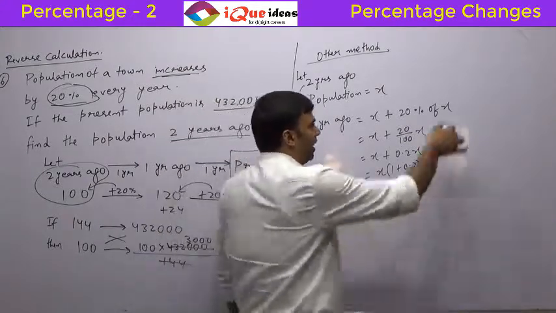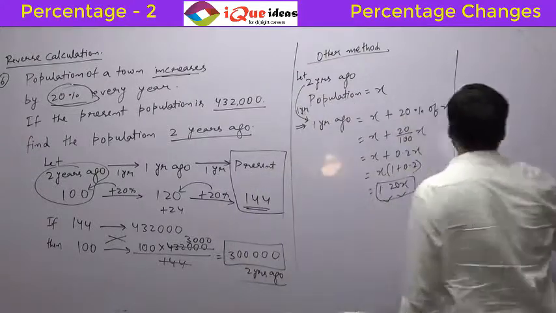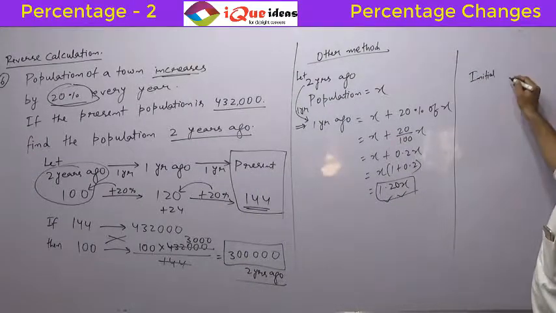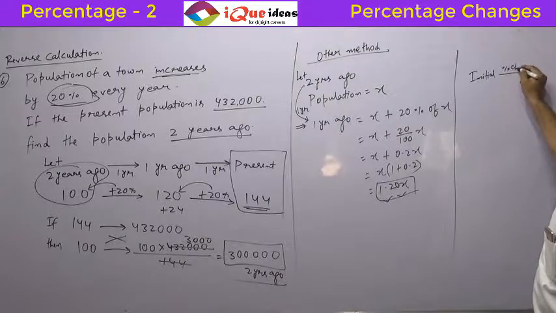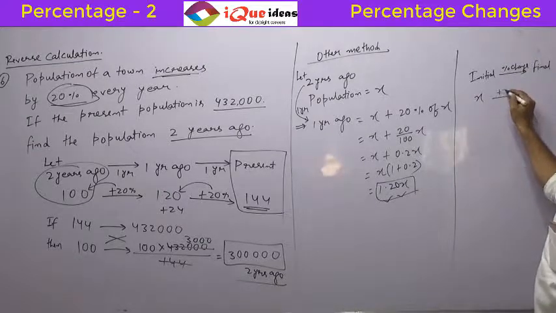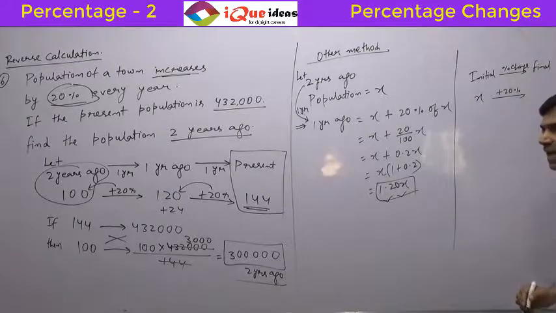I'll give you the initial value, the percentage change and the final value. Suppose the initial value is X and there is an increment of 20%. You can directly say it is 1.20X. The 0 doesn't matter, but to memorize it becomes easier.